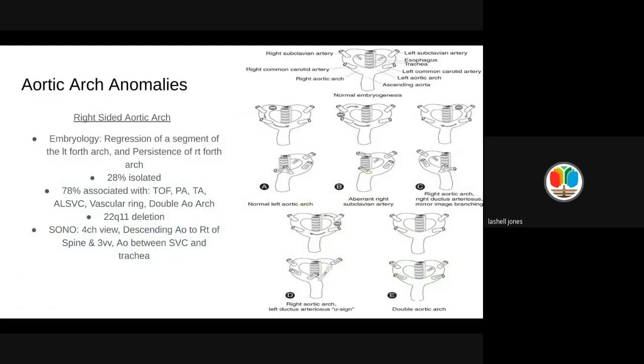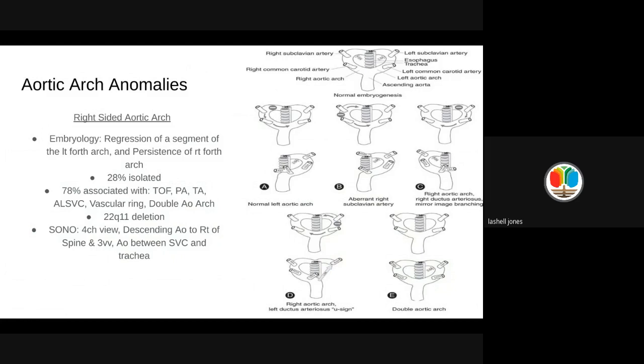All right. So let's get into our aortic arch anomalies. Now we're going to start with the right-sided aortic arch. And that is usually due to a regression of a segment of the left fourth arch and the persistence of a right fourth arch. Okay. Now, 28% of the right-sided aortic arch will be isolated. The other 78% will be associated with other defects.